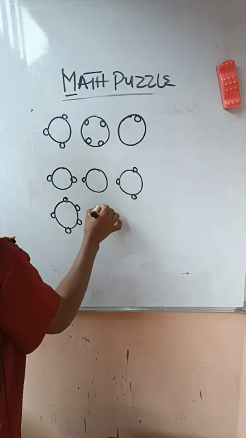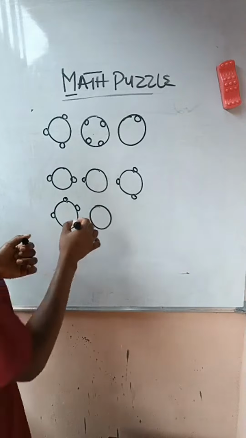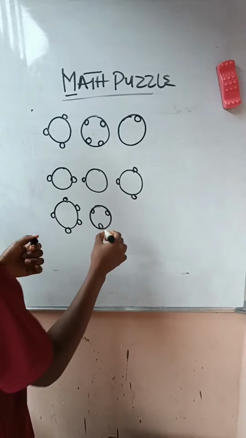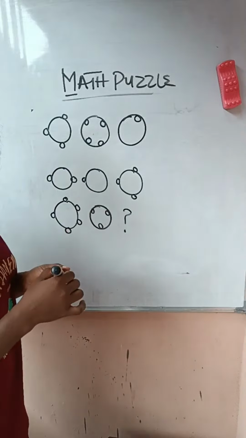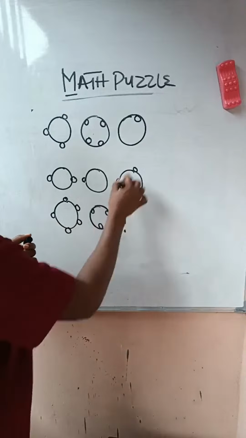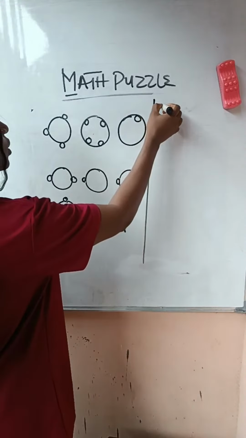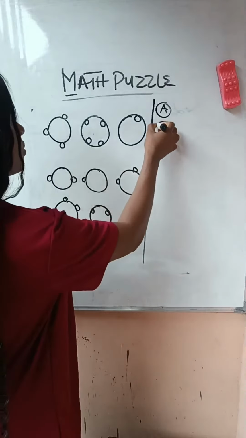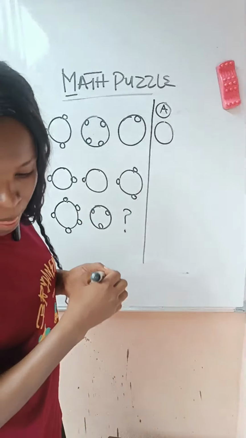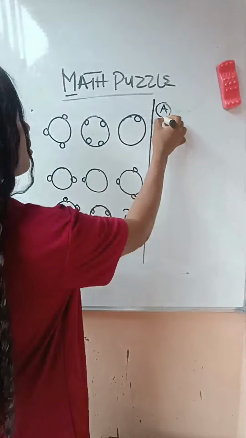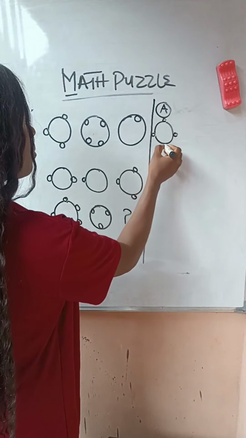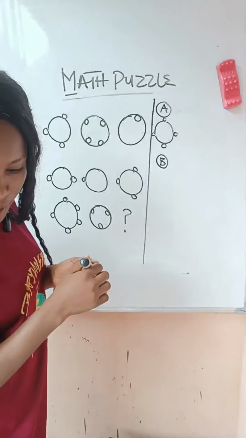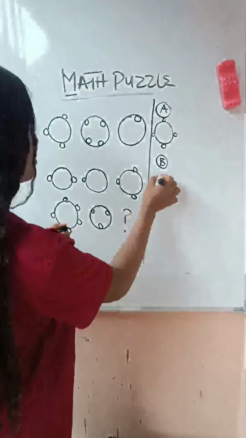Then we have the second one. So we are asked what this should be. Now these are options. Option A is this. Option B, we have this.